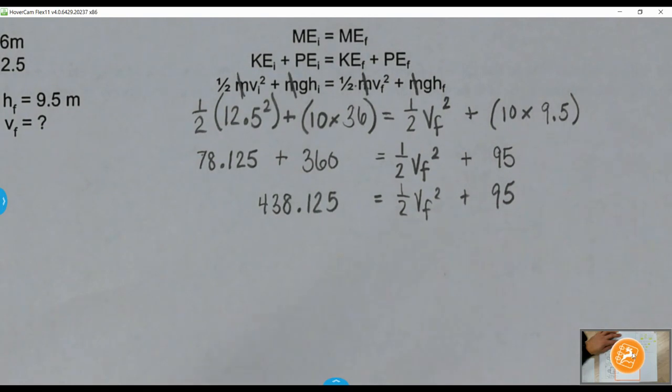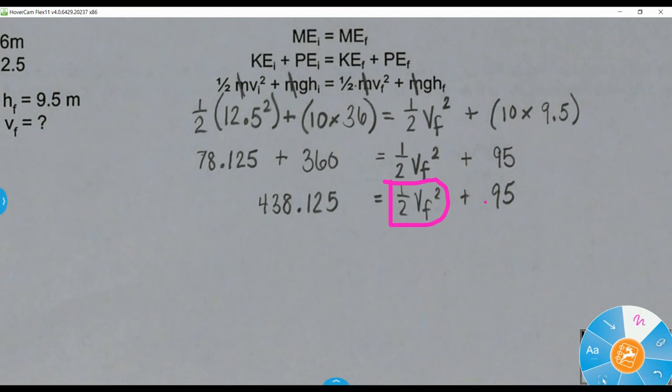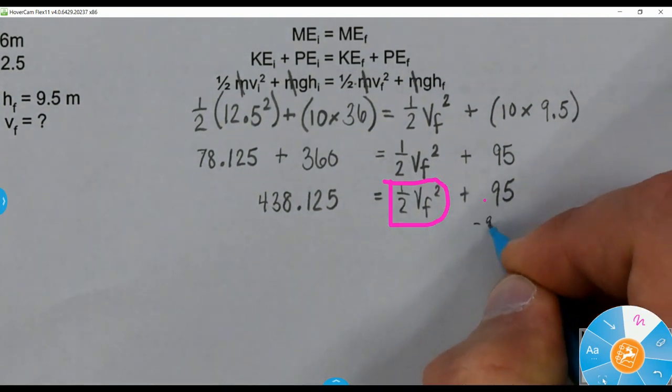So I'm going to ask you guys real quick. I want the 1/2 VF squared by itself. What do I do with this 95? Good. We need to subtract that from both sides.